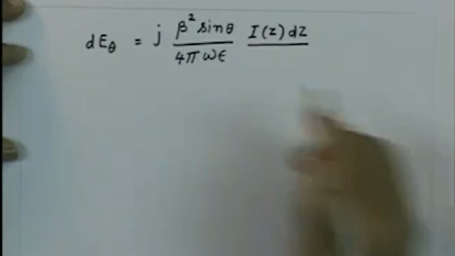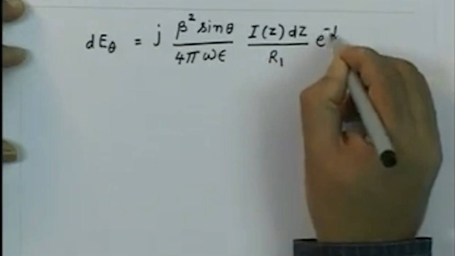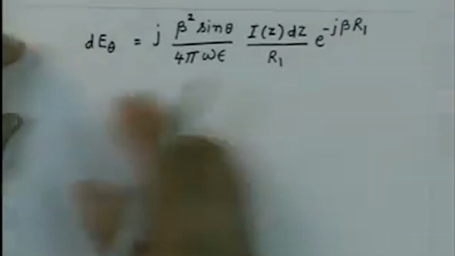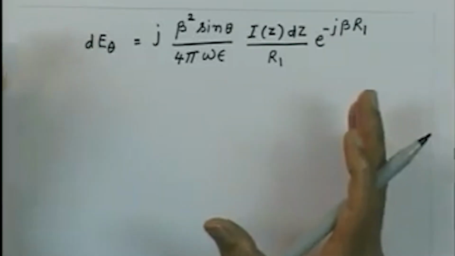So, here this will be r1 e to the power minus j beta r1, and as we know, the wave radiation field essentially generates a transverse electromagnetic wave. So, the magnetic field is related to the electric field through the intrinsic impedance of the medium.